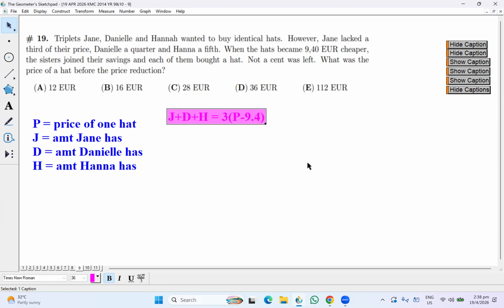And then they join their savings. When the price drops to P minus 940, they can buy 3 hats, each of them bought a hat.